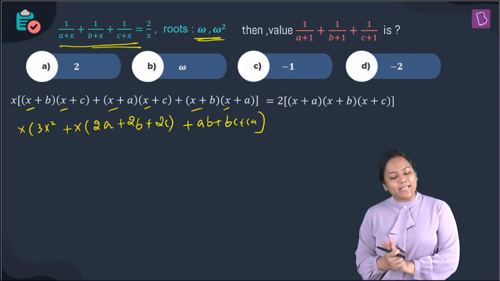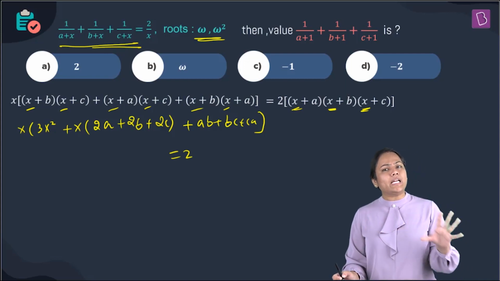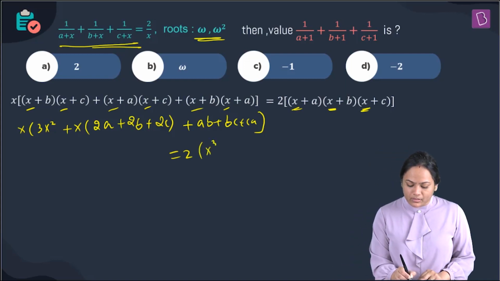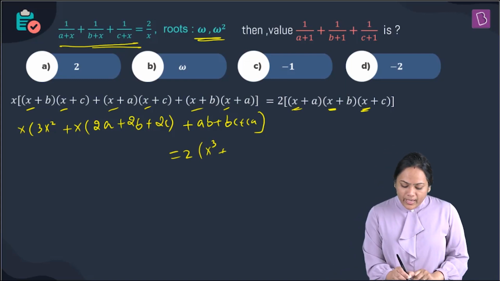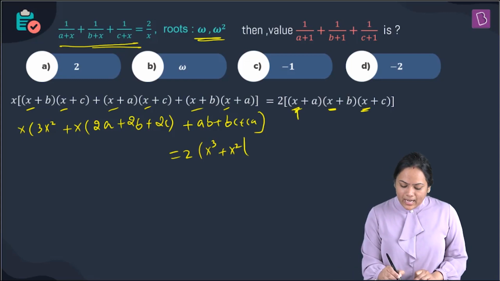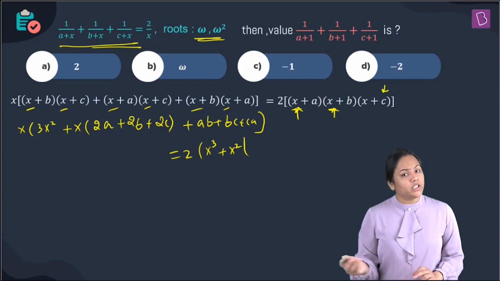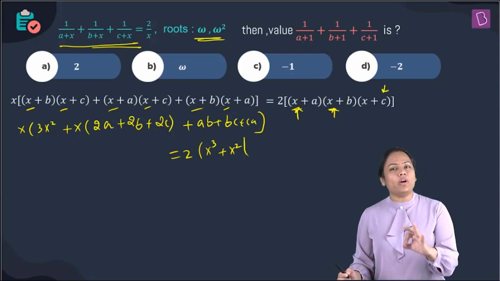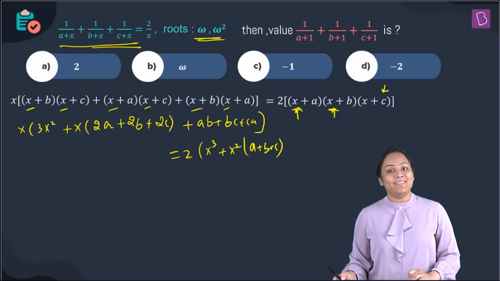Okay, what about the right hand side? Well, on the right hand side, I have to multiply x plus a, x plus b, x plus c. So if I multiply the x terms first, I'm going to get x cube. Then I'll have a term of x square. So my x square term will be, when I multiply x and x in two brackets and constant in the third bracket, so when I find the coefficient of x square, it's going to become a plus b plus c, right?